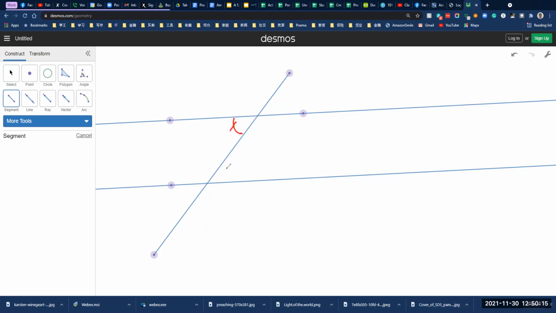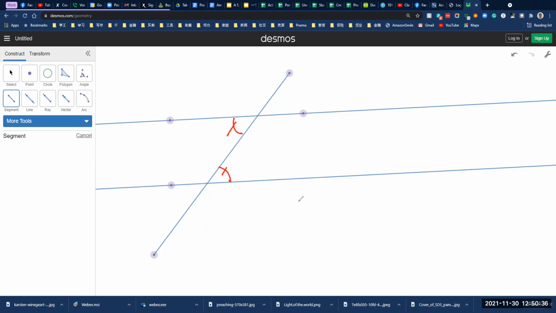Means this angle and that angle are congruent. Now, how do we prove that? I mean, it looks obvious, but we still have to prove it. And when we prove it, we say that it's based on either the 10 axioms or previous theorems.